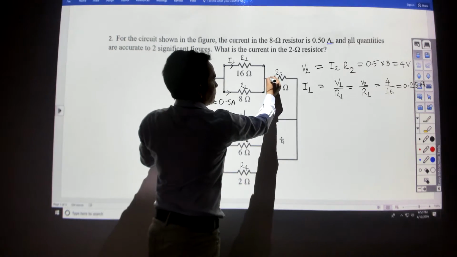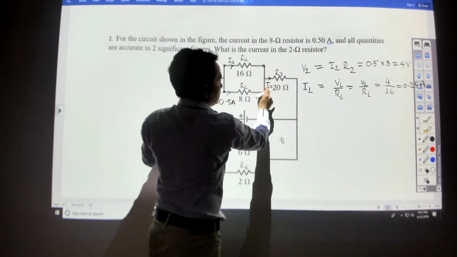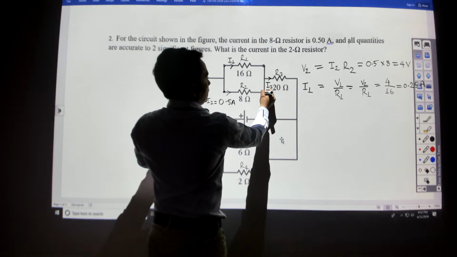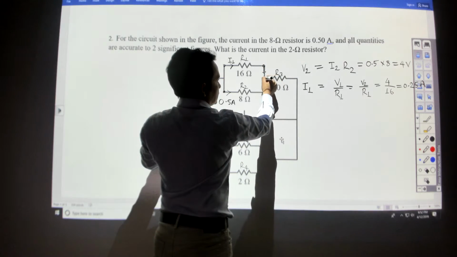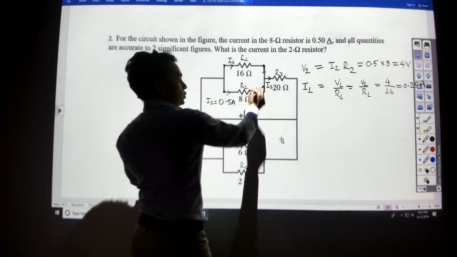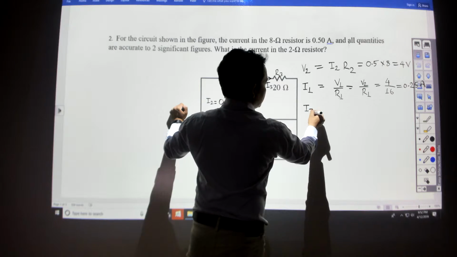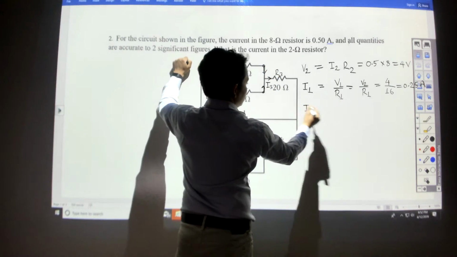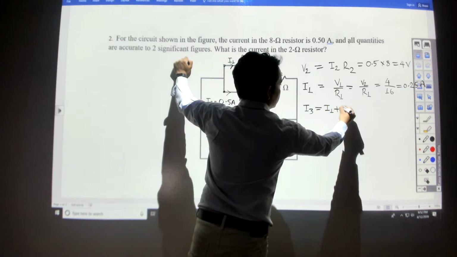So the current I3 is the sum of these currents, I1 and I2. The current I2 comes this way, I1 comes this way, and they combine here at the junction. You can also apply Kirchhoff's first rule, the junction rule. So the current I3, the outgoing current here, is equal to the incoming current, which is I1 plus I2.